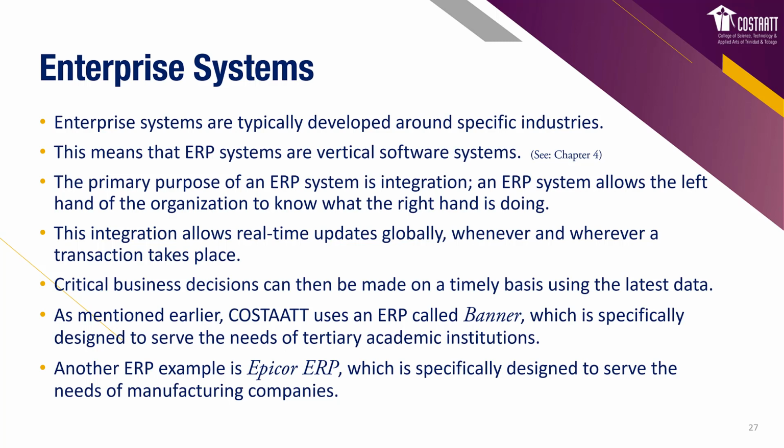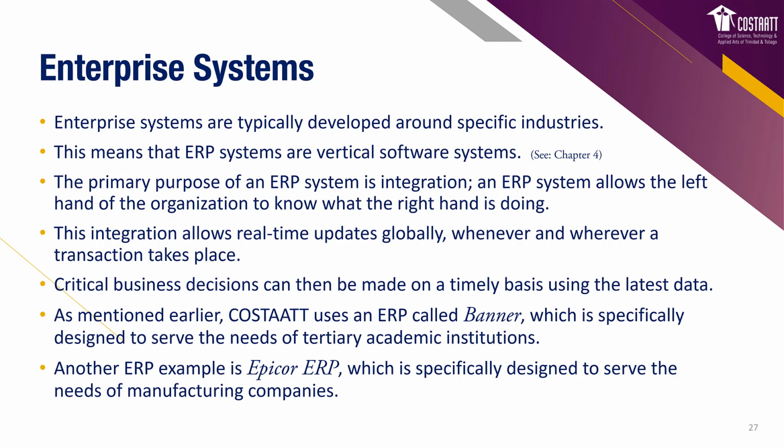In other words, that's just a phrase. This integration allows real-time updates globally, assuming that your company is a global company, whenever and wherever a transaction takes place. Critical business decisions can then be made on a timely basis using the latest data.